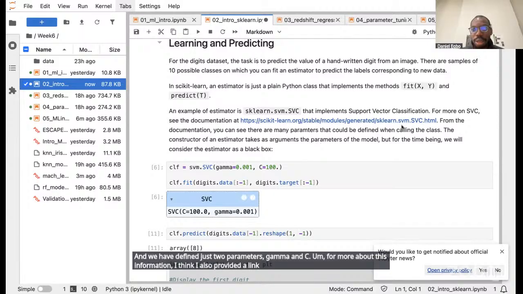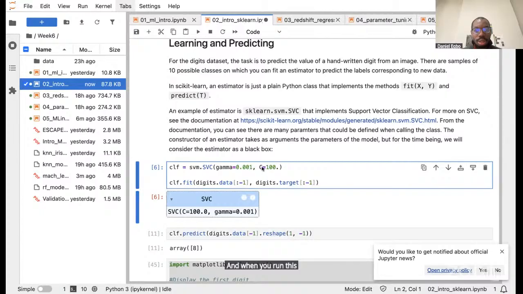This link will take you to the full information about this module, and then you can read more about it. When you run this, you are creating the estimator, because we want to classify something here. We call this the support vector classifier.